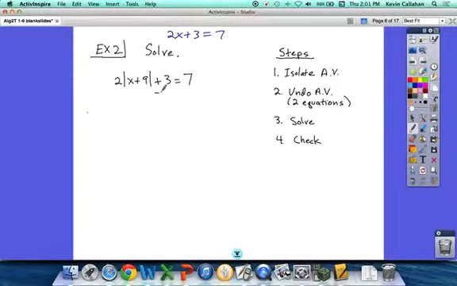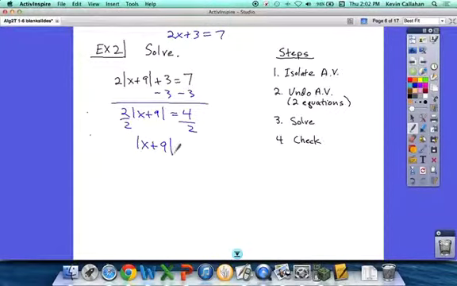So subtract 3: 2 times absolute value of x plus 9 equals 4. And then divide by 2. So absolute value of x plus 9 equals 2. So that's the first step. Isolate the absolute value.